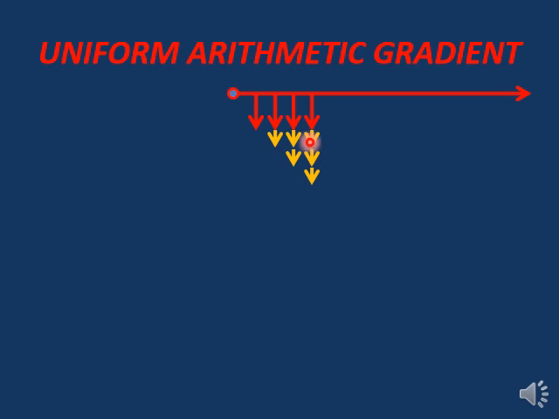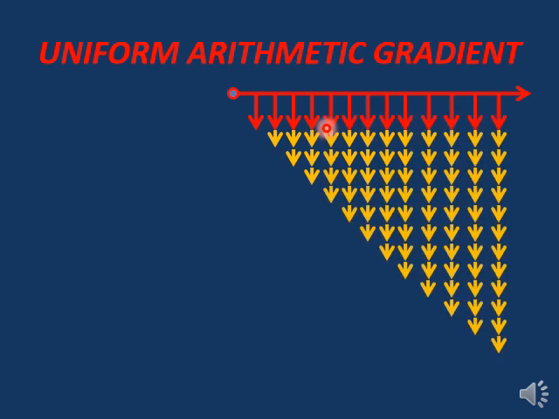On the fourth year, we'll have 10,000 plus 6,000. So this type of cash flow will continue as long as we are renting the warehouse. If this is 10,000, this yellow arrow represents our 2,000.